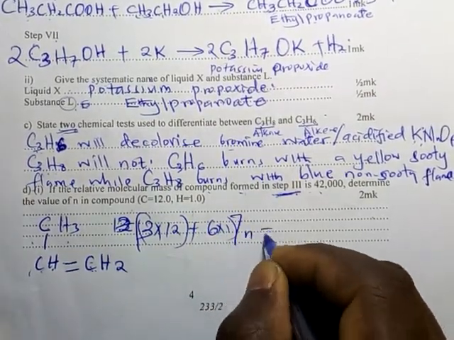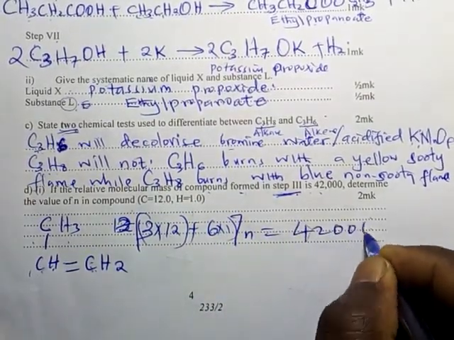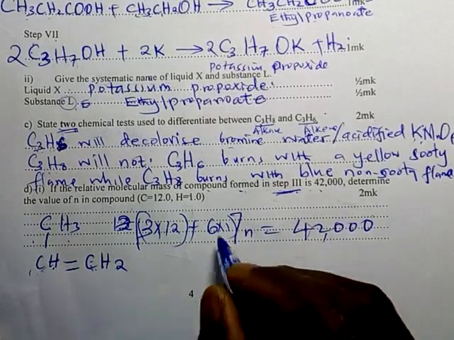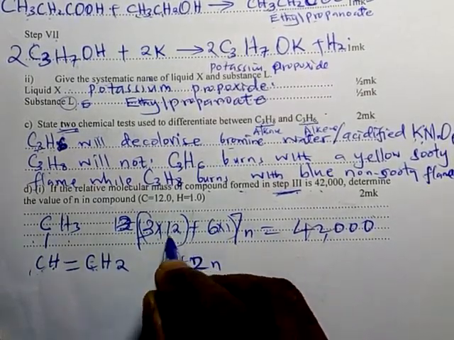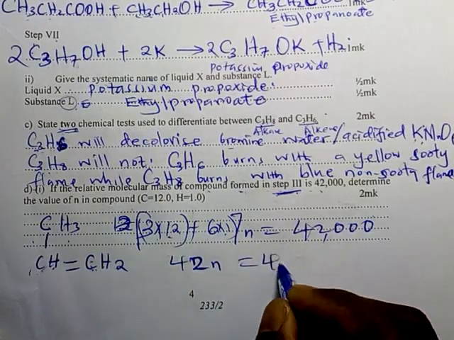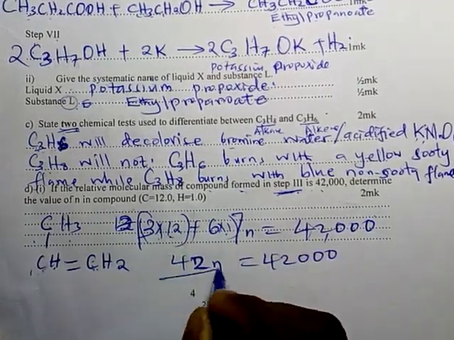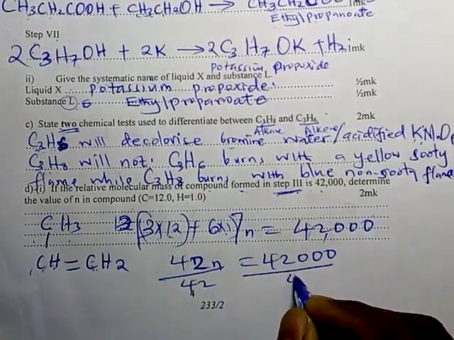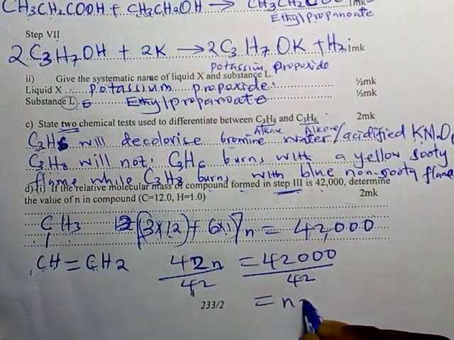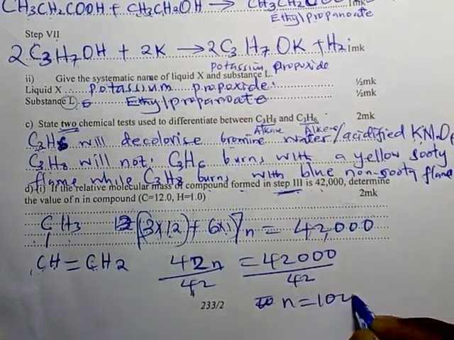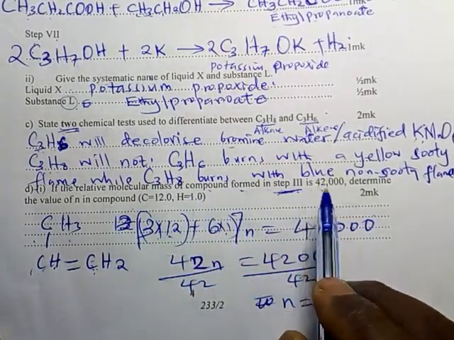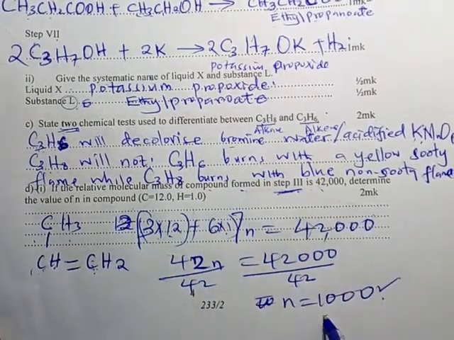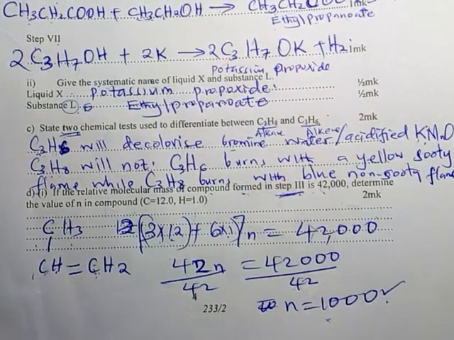Everything times n will give us 42,000. So this is 42n. 36 plus 6 is 42, equal to 42,000. So it means that n equals 1,000. So for the monomers to form a polymer with this molecular mass, we will need 1000 monomers.